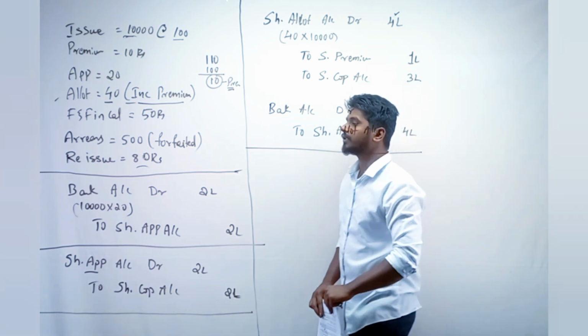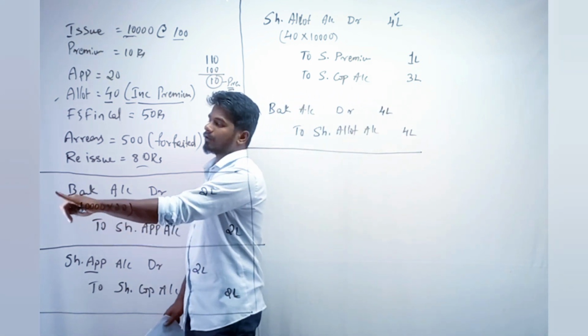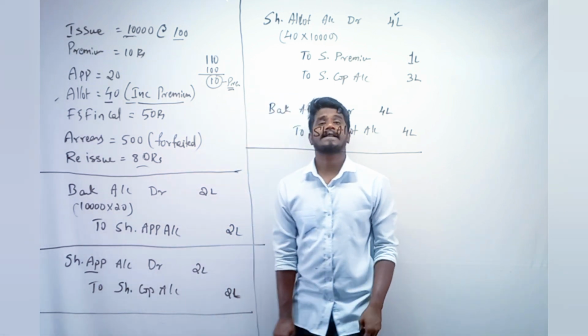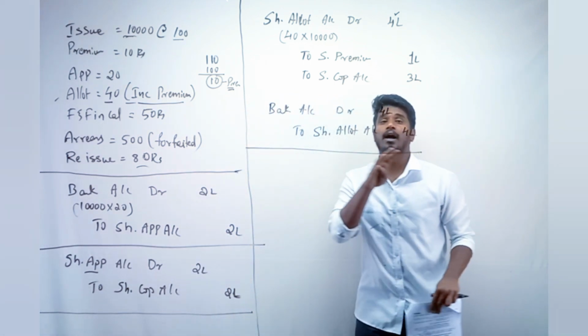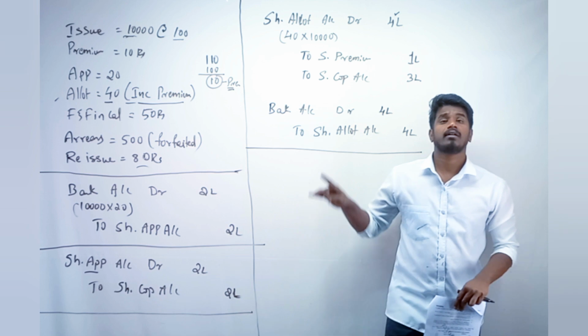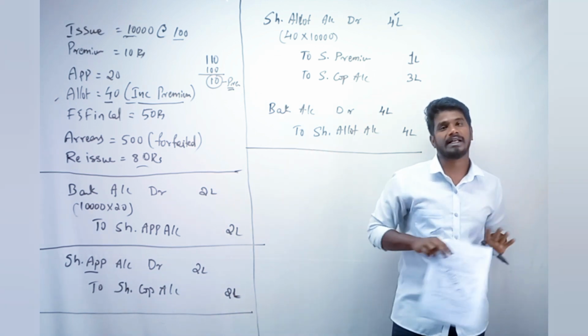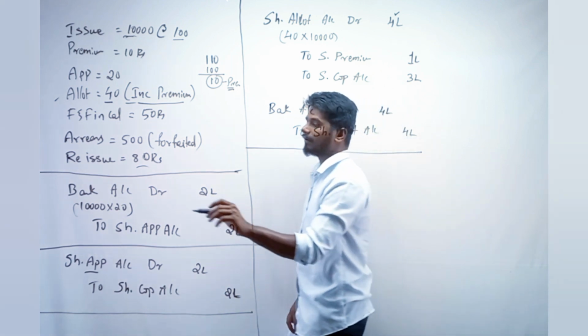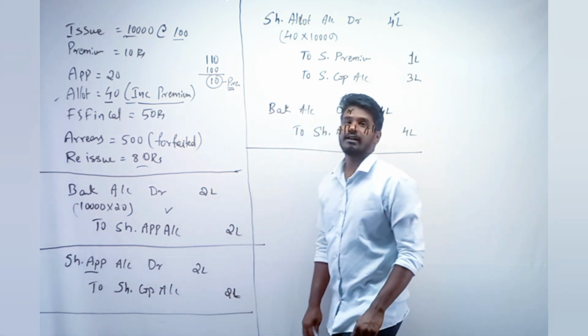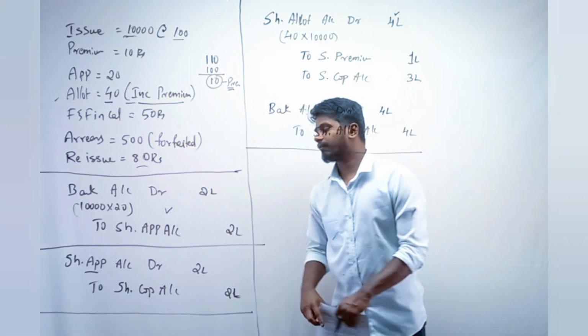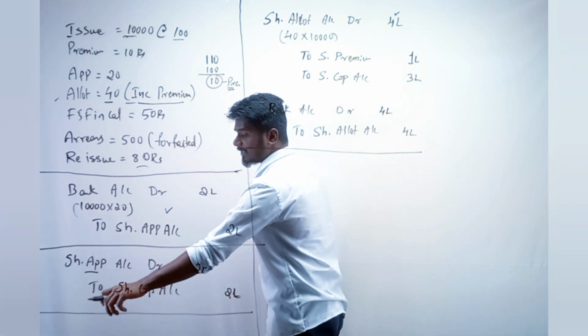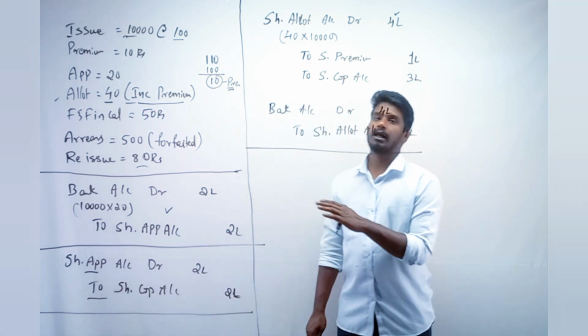Why is it? First thing, while we are issuing the shares, we won't know how many applications we are going to receive. After receiving in the bank only, we will know how many applications are received. So we are writing the bank entry first and next we will transfer the same to share capital account.